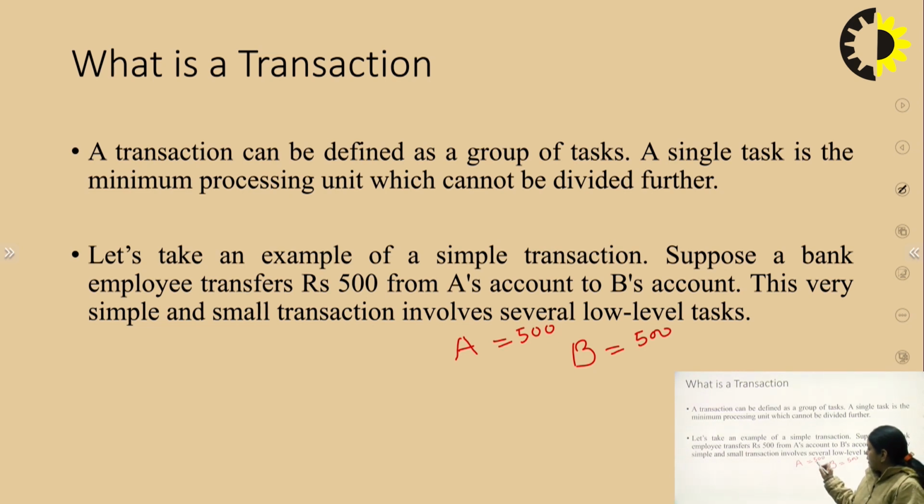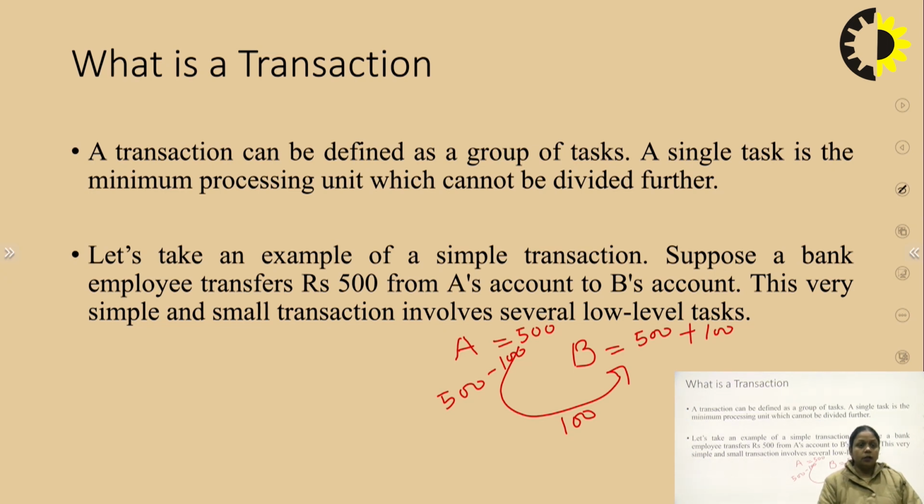Now we want to transfer the 100 rupees from account A to account B. So 100 rupees will be deducted from account A and 100 rupees will be added into account B. Now this small work is known as a transaction because there are many operations involved in it.